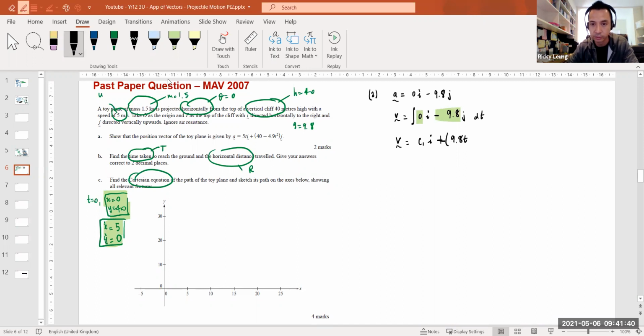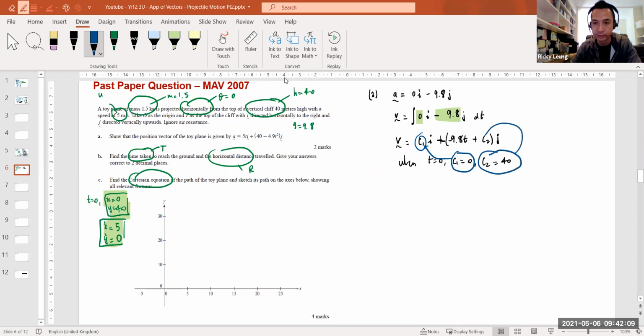Then when t equals 0, x equals 0, so c1 equals 0, and y equals 40, so c2 is 40. Just like before, this guy pops into there.